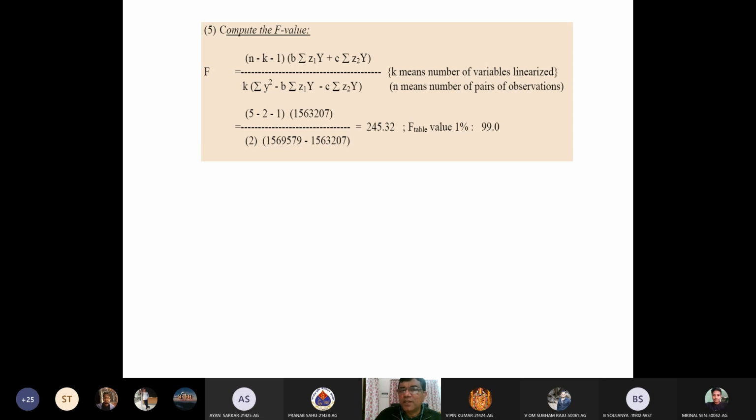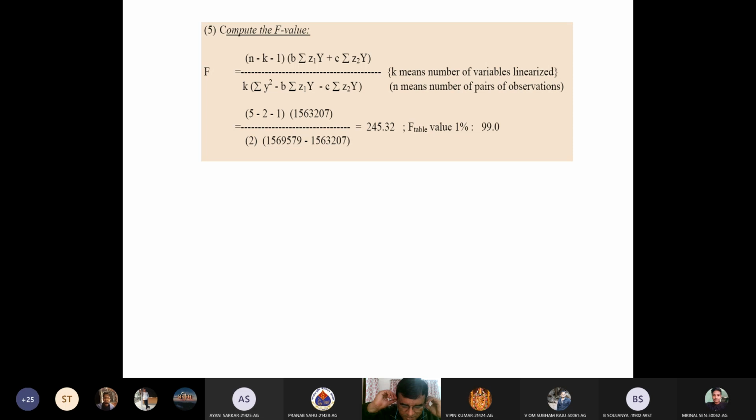Here it is quadratic, therefore there are two variables, so k is equal to 2. Here k value is 2 and n value is 5 minus 1, and you can take all these parameters from the table and you get the calculated value of F as 245, and the table value of F is 99. So now what is your inference?